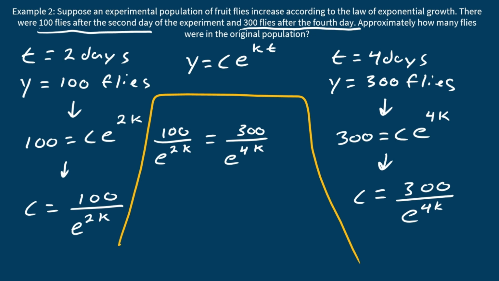From here, what we have to do is solve. What I'm going to do is move that e to the 2k over to the other side and the 300 over to the left-hand side. So what we'll have is 100 divided by 300 is going to be equal to e to the 2k divided by e to the 4k.